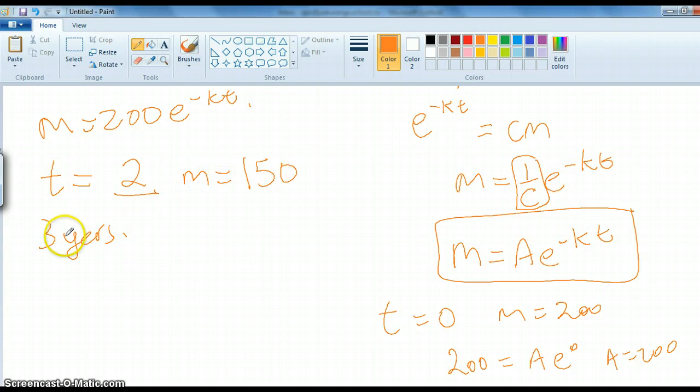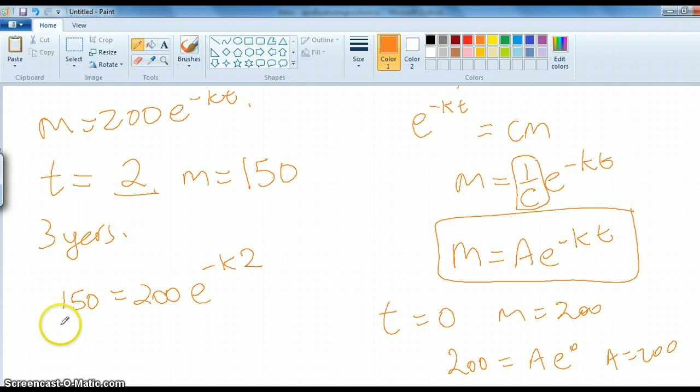So we're going to sub in the 150 equals 200 e to the negative k times 2, and so we're going to solve for k, which we should be able to do quite nicely.